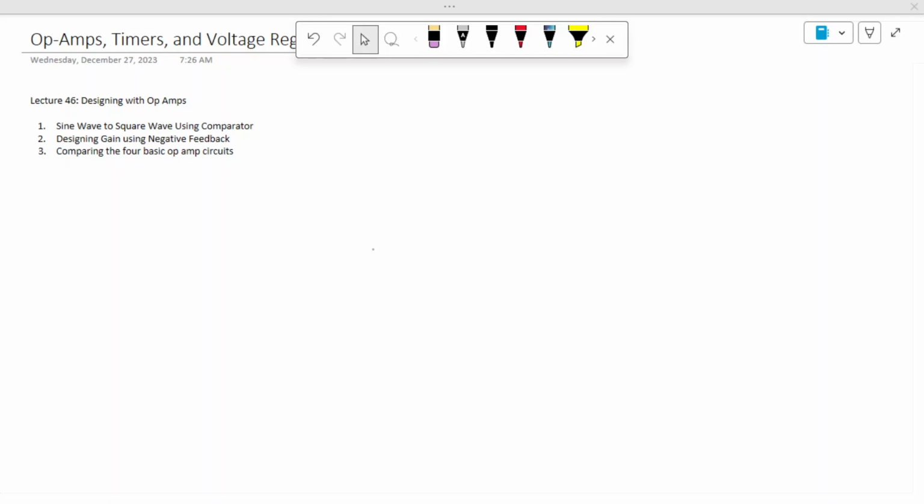So we've already talked about one in some detail, and that's the voltage follower, which, if you recall, is the case where I apply an input to my positive terminal and have a feedback going to the negative terminal, the inverting input.